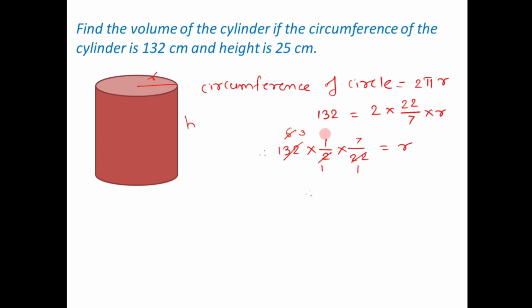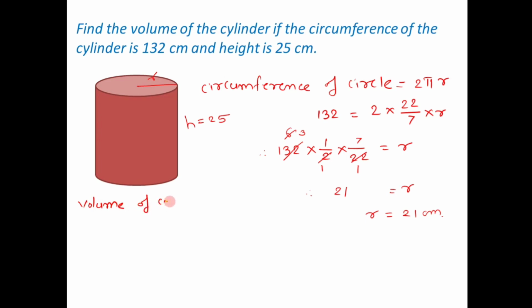It is 3 into 1 into 7, that's 21, equal to r, and r is equal to 21 centimeter. Now we get the radius and height is given to be 25. By these two, now we can find the volume of this cylinder.